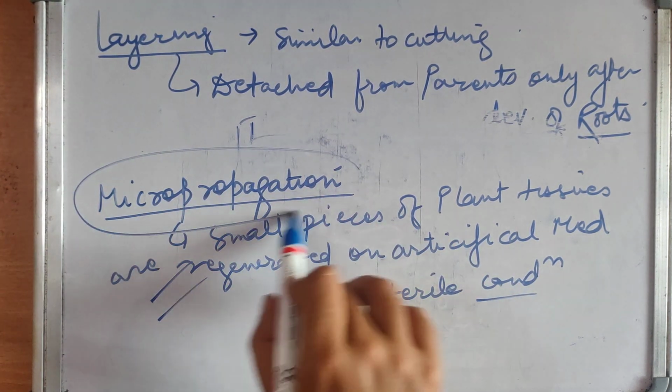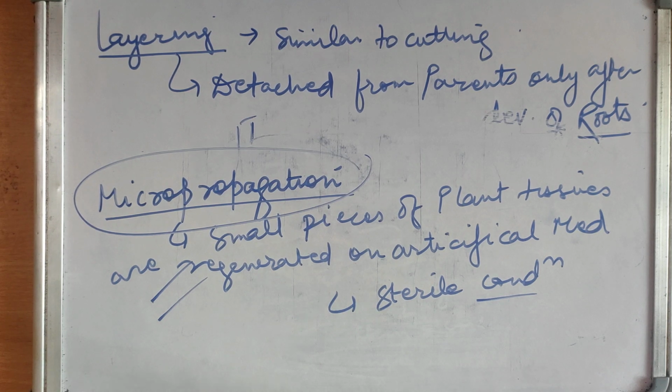And here in micropropagation we can grow a large number of plants at a single time. So these were some common methods of vegetative propagation.